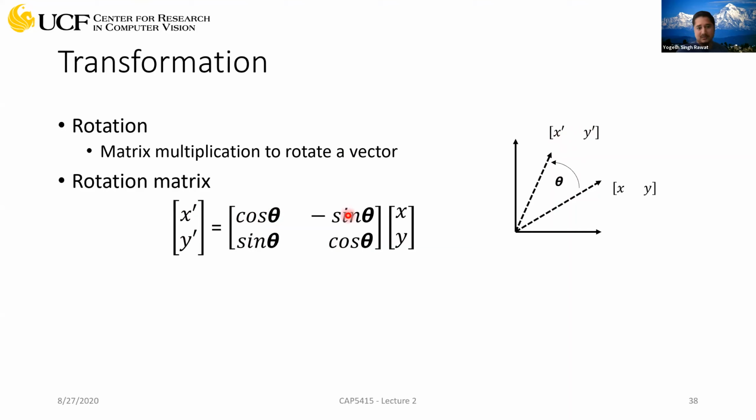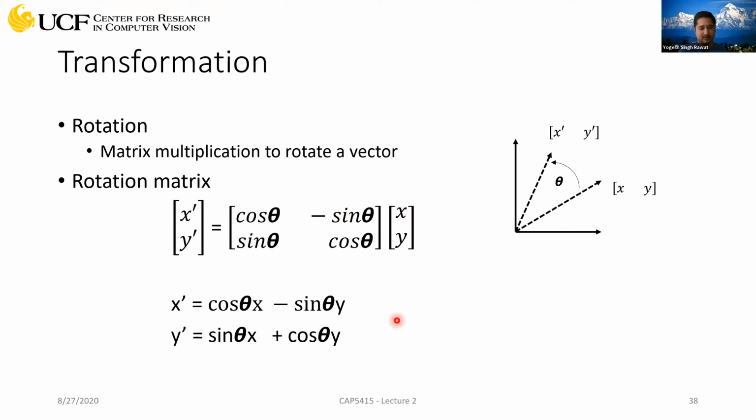When you multiply this matrix with the original vector x, y, it is going to do this transformation. When you do this multiplication, x prime will be cos theta times x minus sine theta times y. You can just take a dot product between this and this. Similarly, if you multiply this with this, you will get the second value.